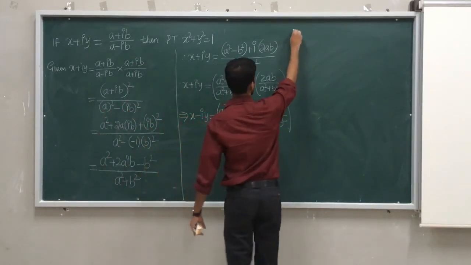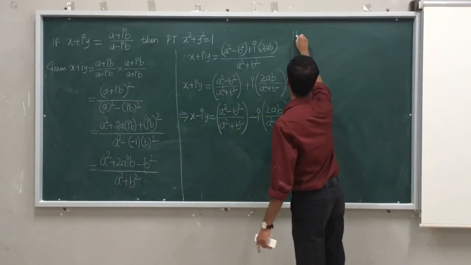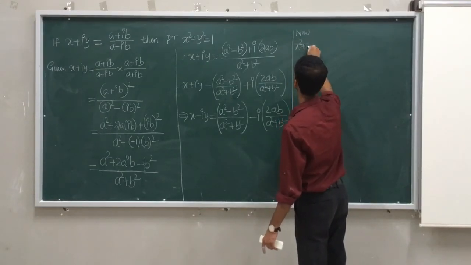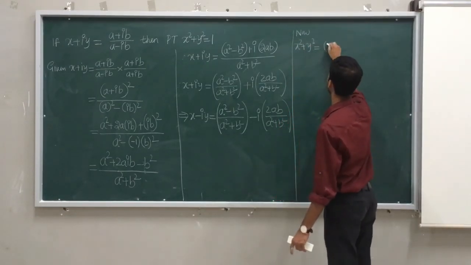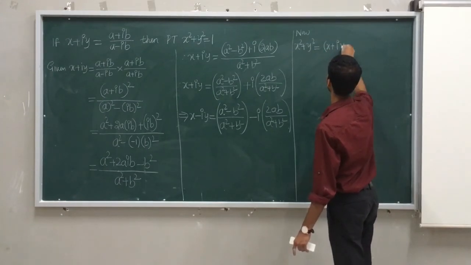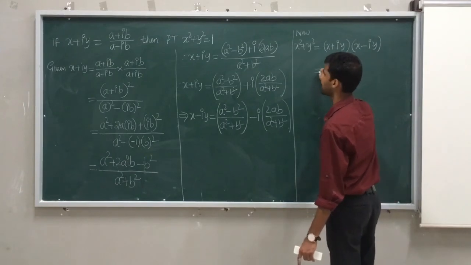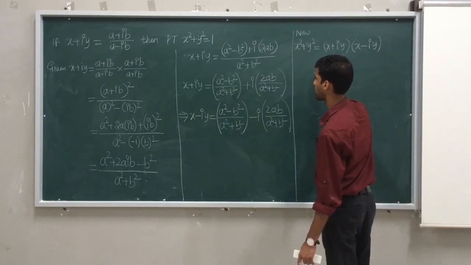Now, okay, I'll write here. Now, x square plus y square is equal to x plus iy into x minus iy. There is no 2. So what is x plus iy? x plus iy I brought in a standard form.